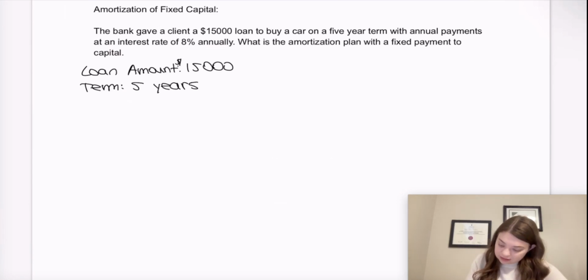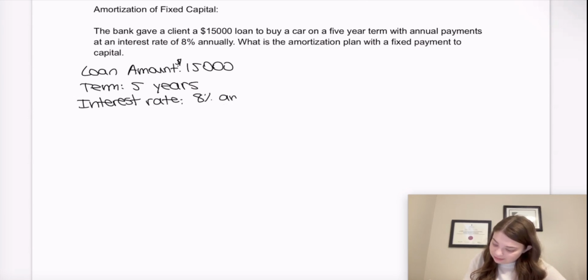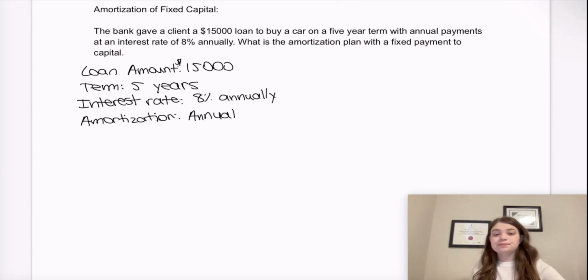Then we have the interest rate, which is 8% annually. And then we have amortization, which is also annual, right? They're going to be making an annual payment at an annual interest rate.